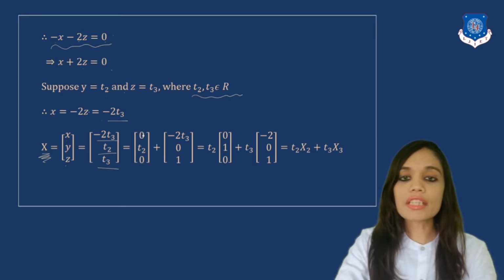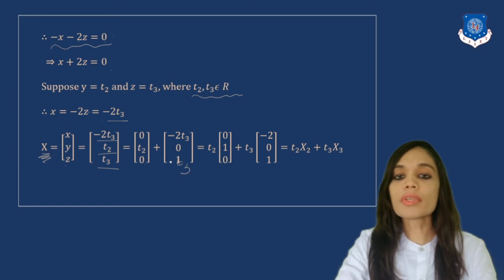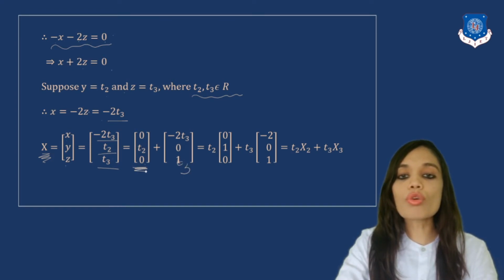Now, firstly we will separate the terms containing t2 and t3. Here we don't have t2 in x, so it will be 0, then t2 and 0. Similarly, write the terms containing t3: it will be -2t3, 0, and here it will be t3, right? Now we will take t2 common from this.